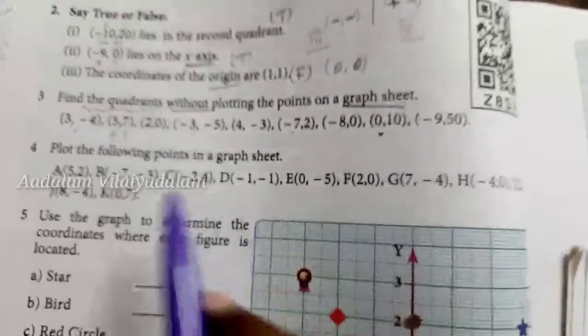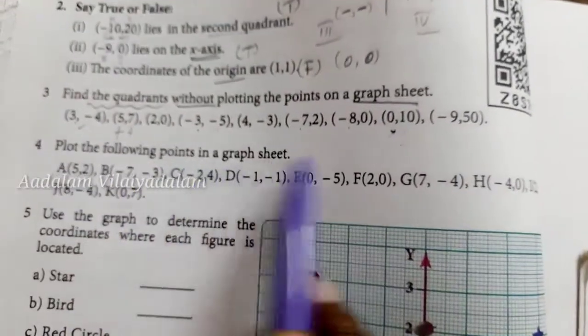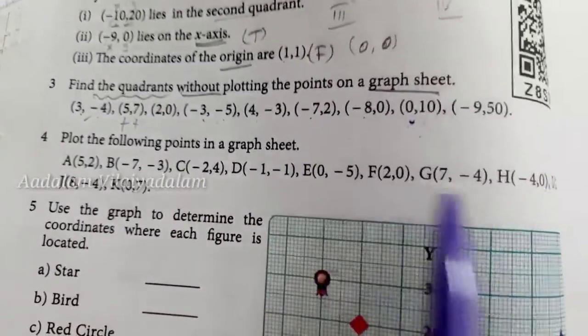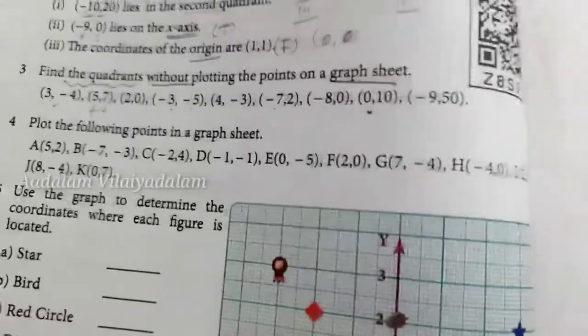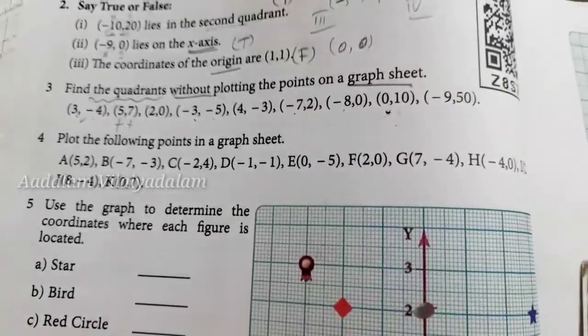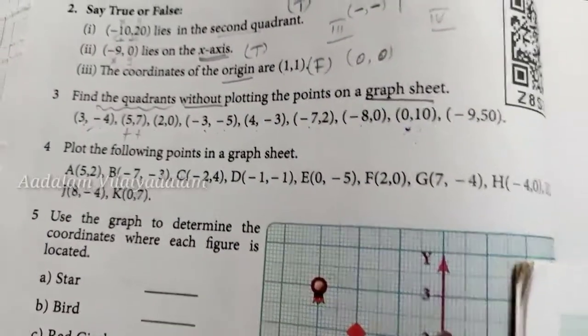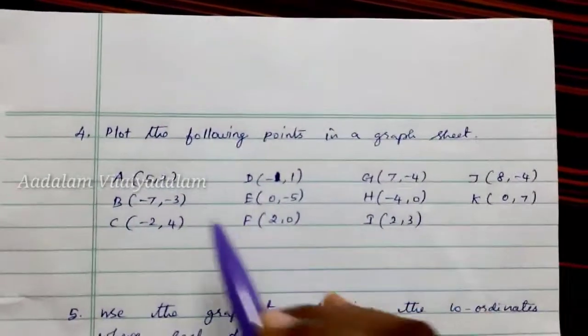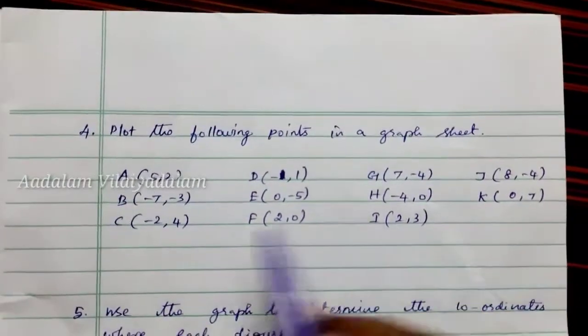Now the fourth question is: plot the following points in a graph sheet. The given points are A, B, C, D, E, F, G, H, I, J, K. So 11 values are given, isn't it? Using the graph sheet we are going to plot all these values.